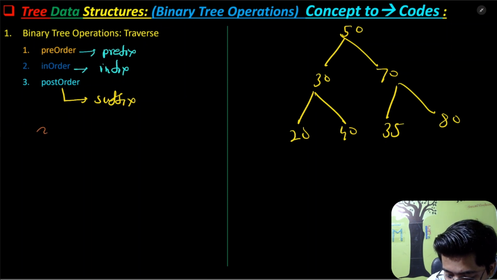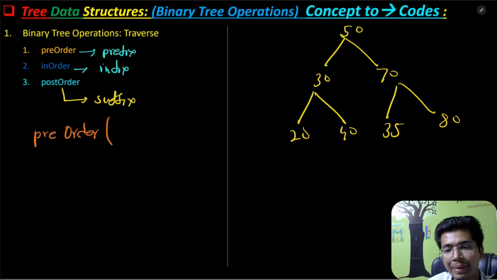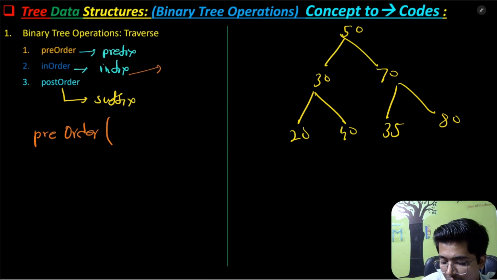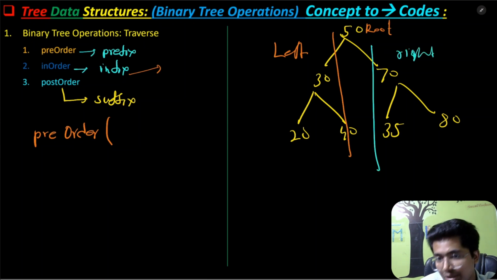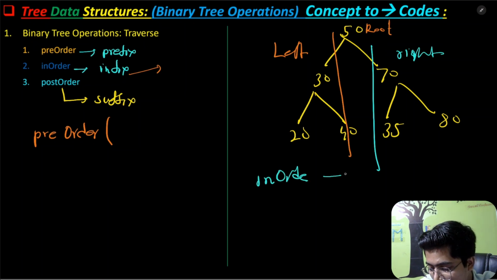If you understand the term, pre means first. So the normal infix is like this: first there is the left side, this is the left portion, and now there is the root, and after the root there is the right. This side is the right, and this is the general pictorial representation, and this is called in-order or infix representation.